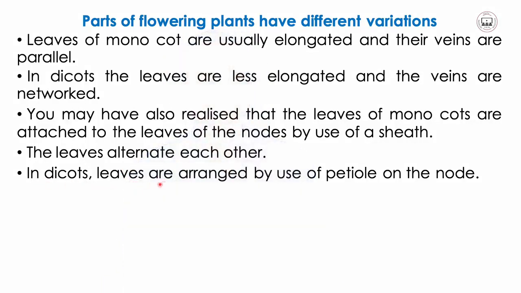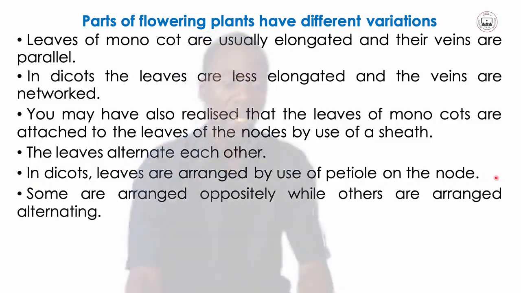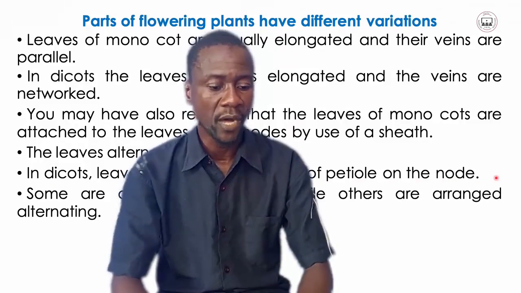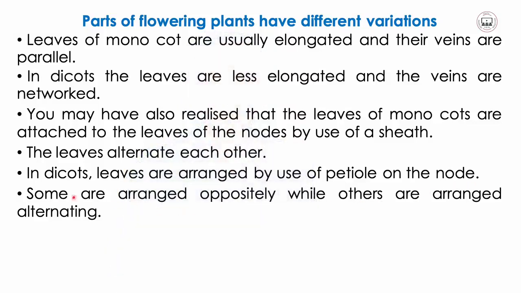In dicots, leaves are attached to the nodes by use of petioles, and some are arranged oppositely, while others are arranged alternately.